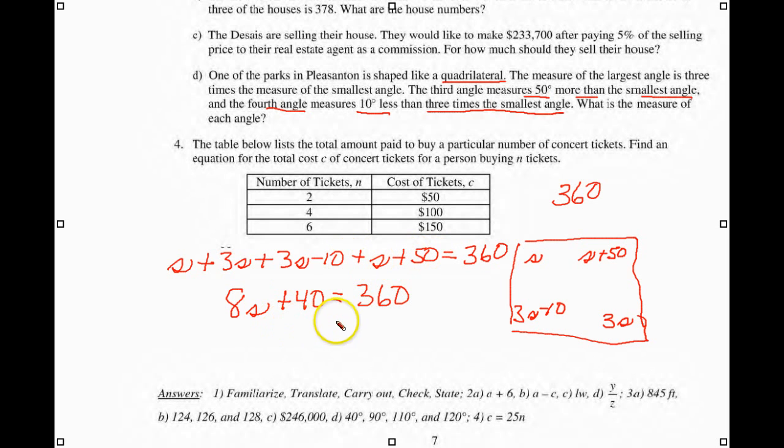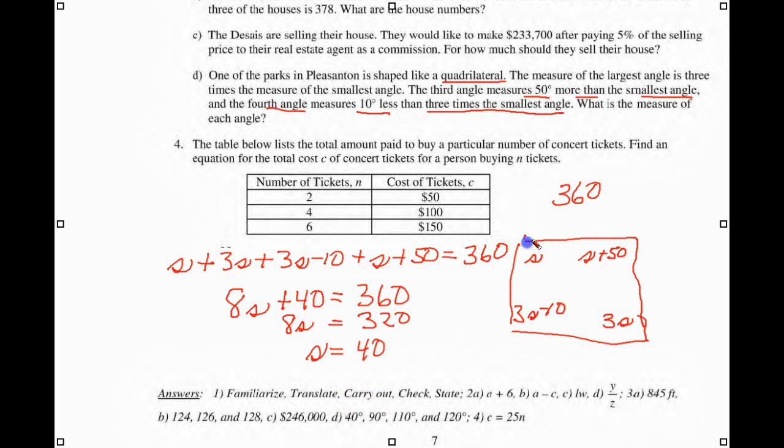And then now we're going to subtract 40 from both sides. And that'll give us 8S. After I subtracted that from both sides, S will equal 40.